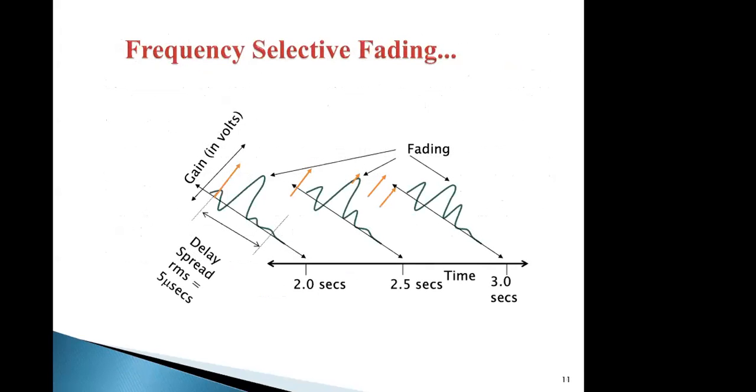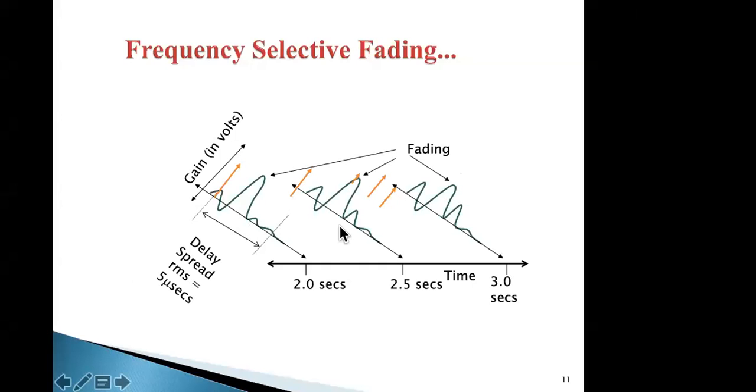In the diagram of frequency selective fading, because of the large delay spread in my channel, I receive different gains through multipath, at 2 seconds, 2.5 seconds, and 3 seconds. So these are my different gains.